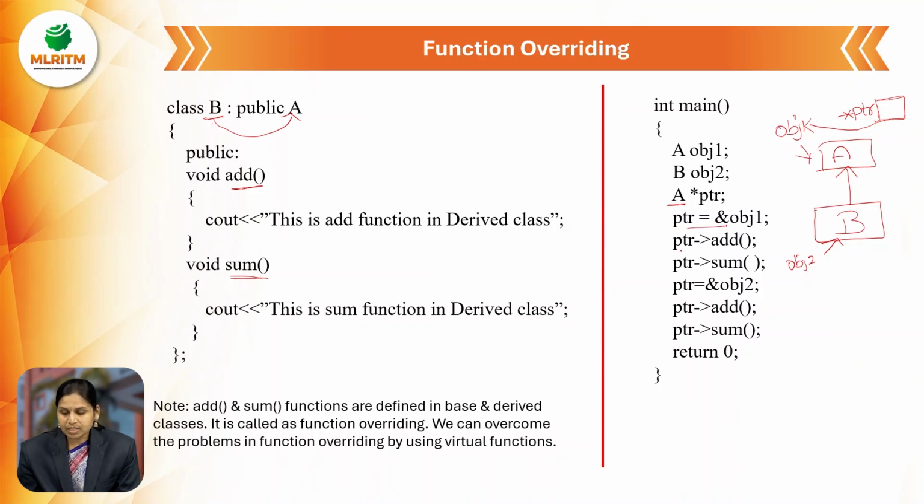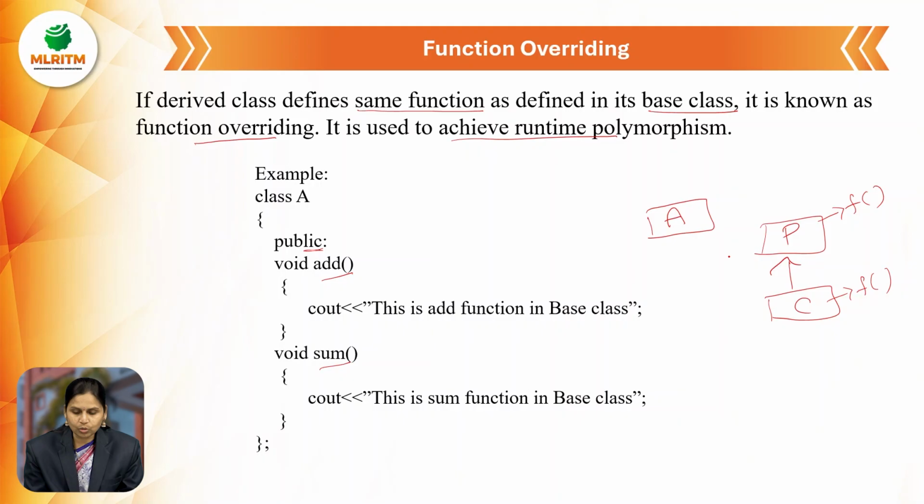Now by using this pointer, we are calling the functions add and sum. Here what is object 1? Object 1 is a reference to class A. So that address is copied into the pointer variable PTR. Now by using this PTR, we are calling the functions add and sum. The control directly goes to the parent class and it executes these two functions.